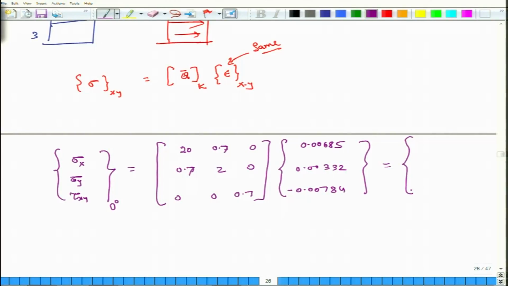If you do the computation, this comes out to be 139.3, 11.4 and minus 5.5, in MPa.